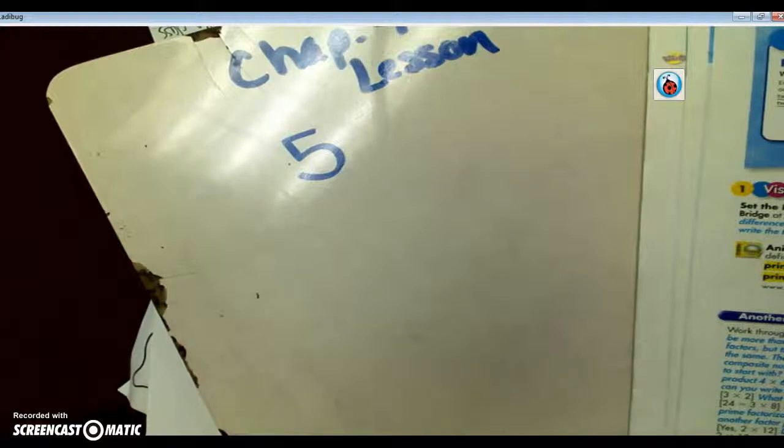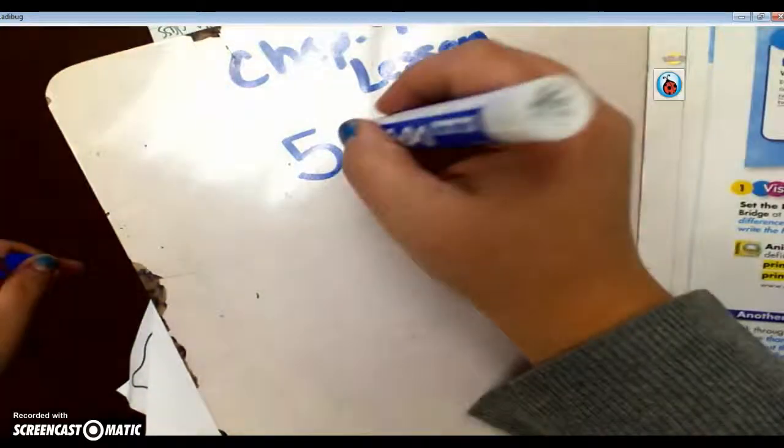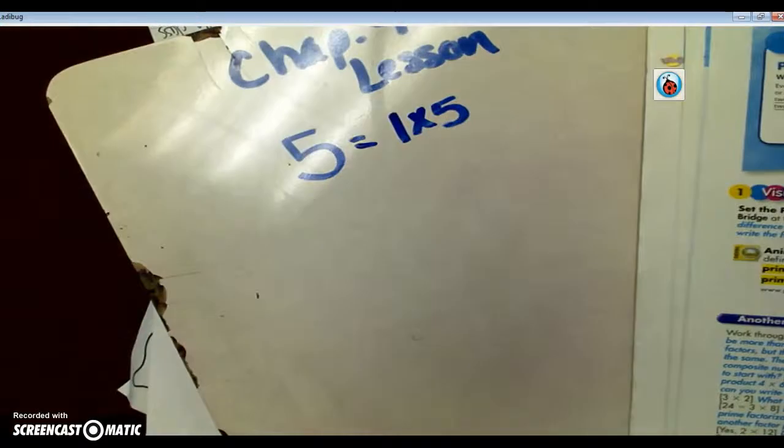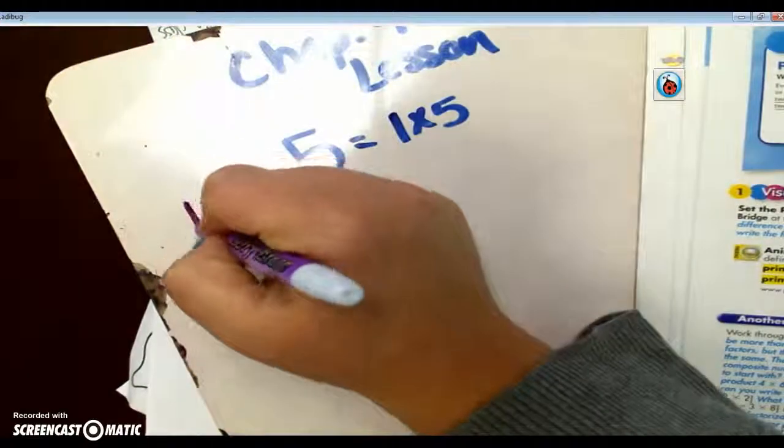So are there any two numbers I can multiply together to get 5? I can multiply 1 times 5, right? So 1 times 5 would be a factor pair. Are there any other ways with whole numbers that I can multiply to get 5? No. Since the only factor pair is 1 and itself, this is considered to be a prime number.